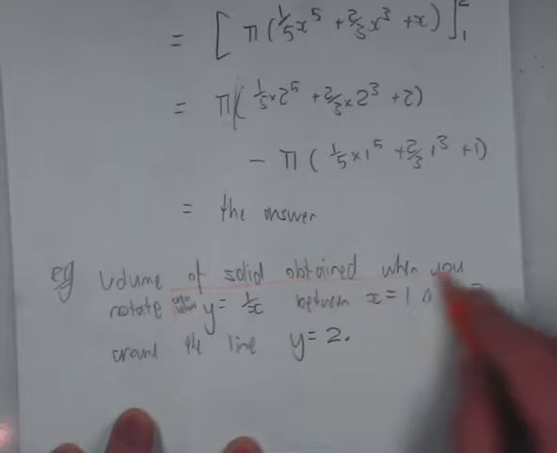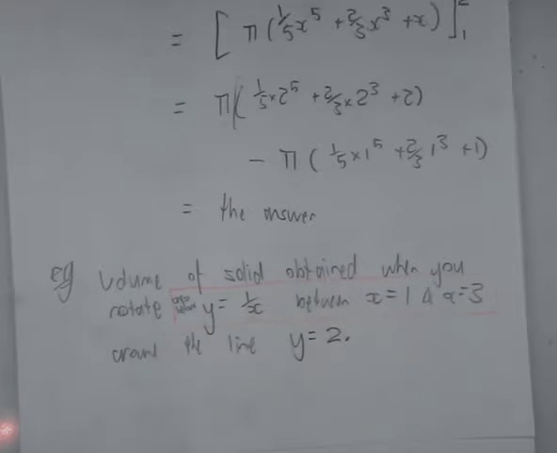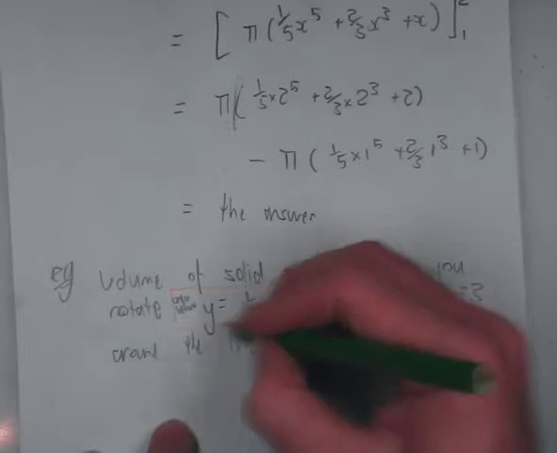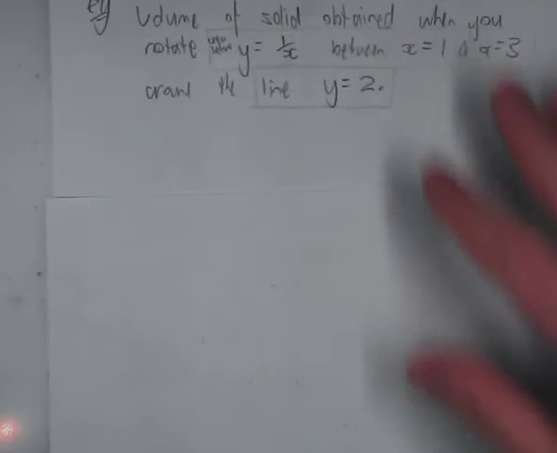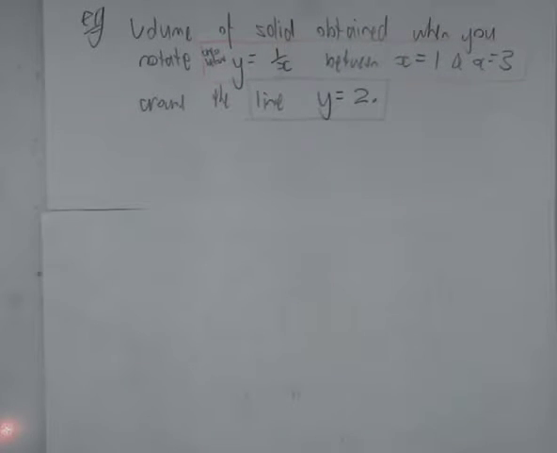This bit is describing the shape that we're rotating to produce our 3D shape, and this is the thing that we're rotating around. Now y equals 2 is a horizontal line, but this time it's not actually inside my shape. So let's draw that.